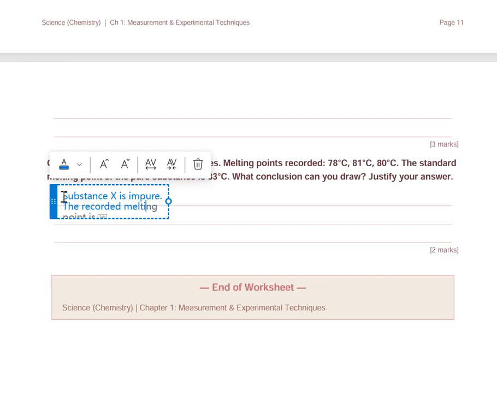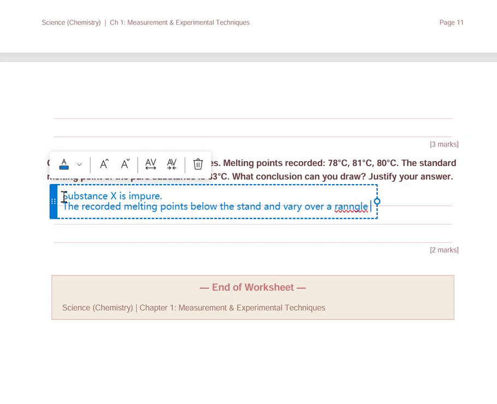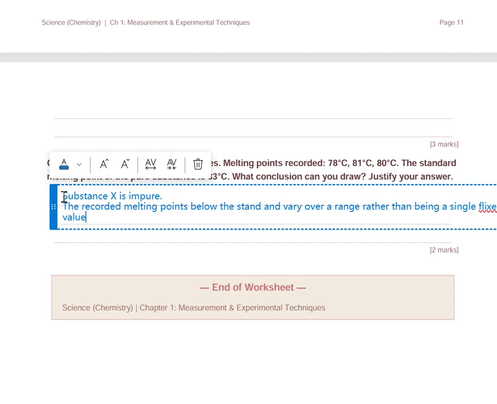Recorded melting points are below the standard and vary over a range rather than a single fixed value. Both are signs of an impure substance.